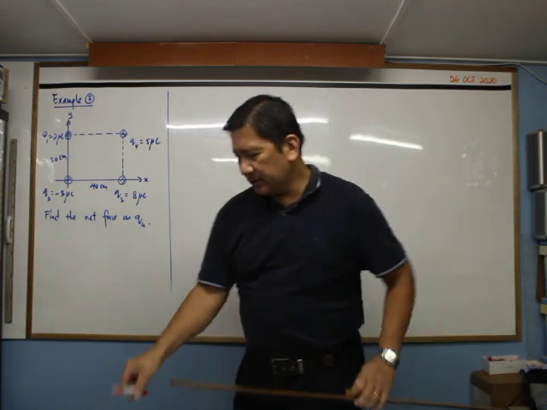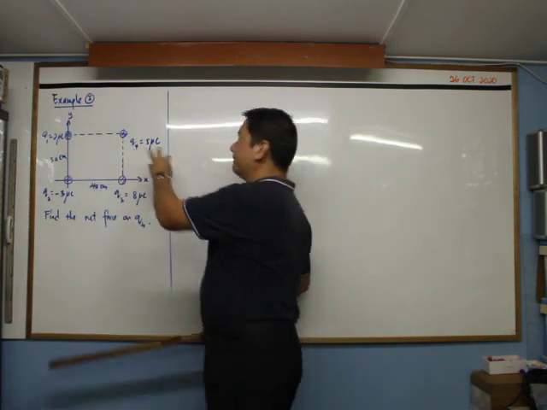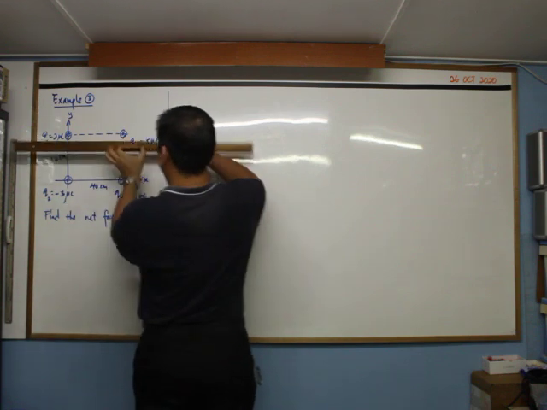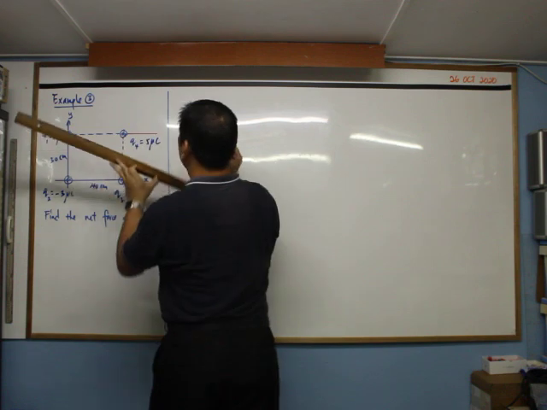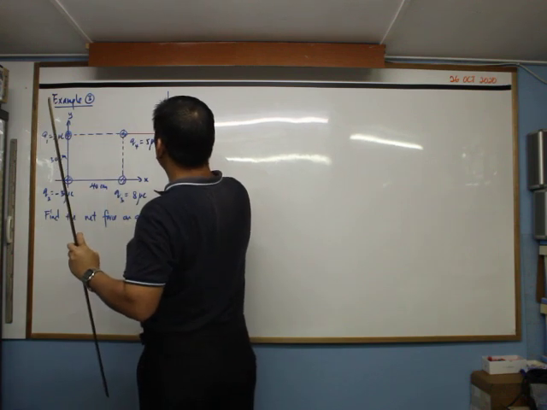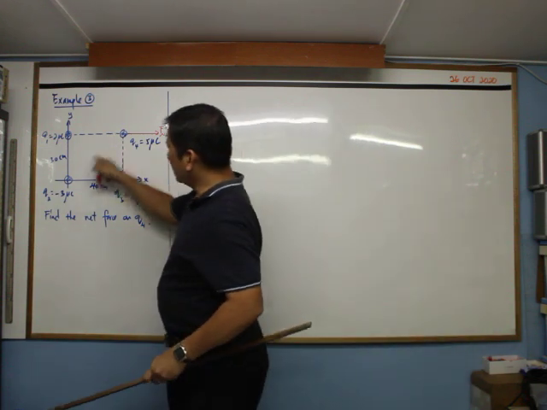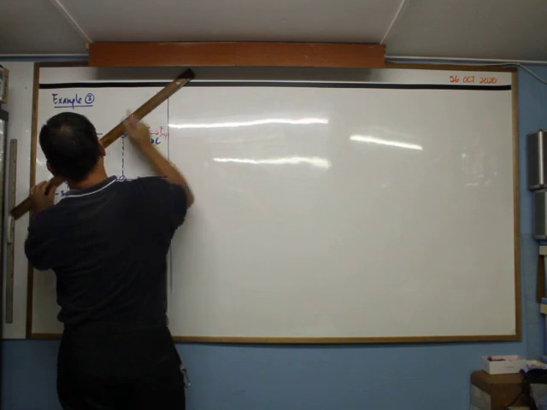Alright? So the first step that we do will be labeling all the forces happen on Q4. So number 1, Q1, Q2 repel. So your Q4 will experience one force like that, and we label this one as F41. And then from here, this one is attracted, but it is attracted following this line.